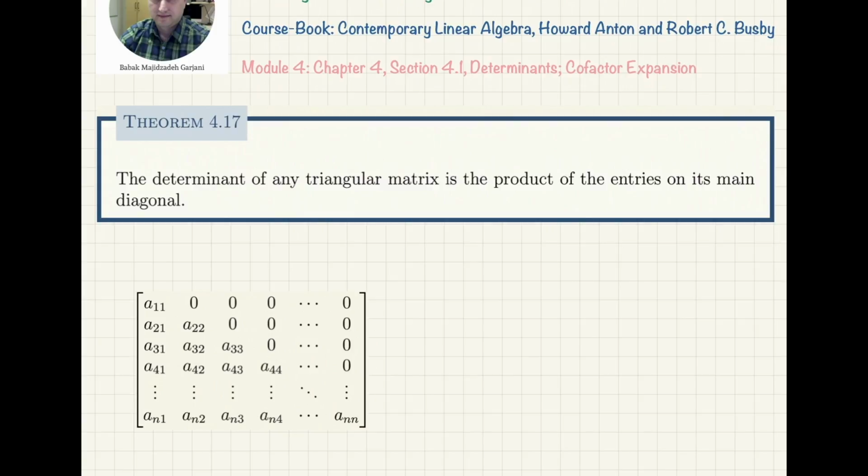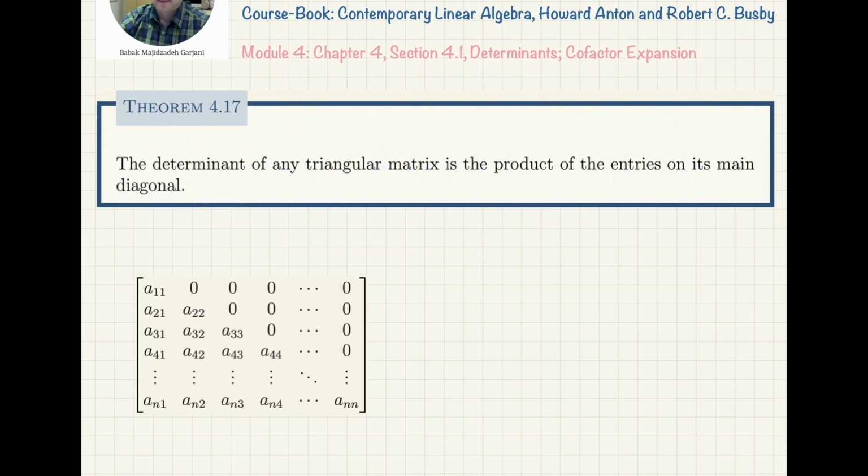Okay, so let us first prove this theorem. I can prove it for the lower triangular, but you can immediately realize that you can prove it for the upper triangular matrices as well. So here again, let me call this one A. I want to calculate the determinant of A, and I know that the definition is the sum of all signed elementary products, A1J1, A2J2 up to ANJN.